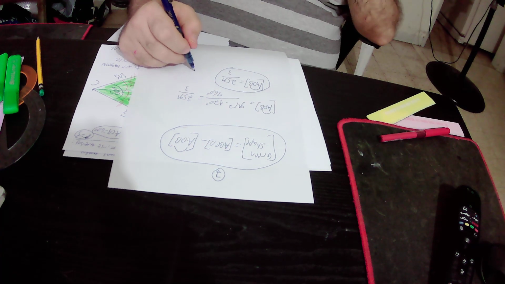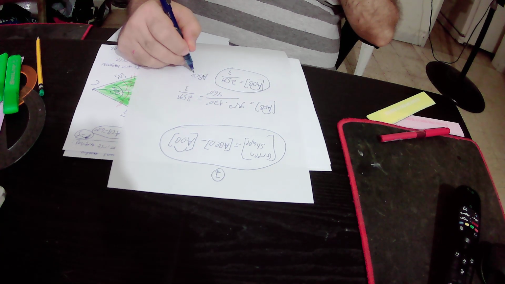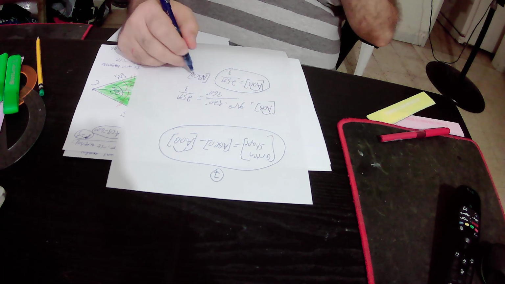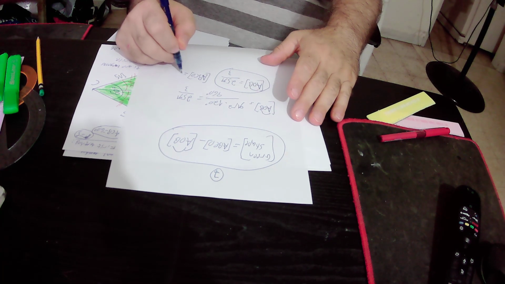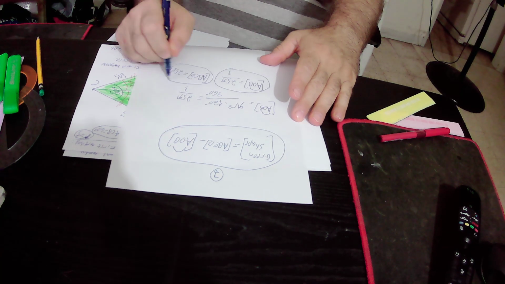And we have already found out that the area of quadrilateral ABCO equals 25 times root 3 square units.